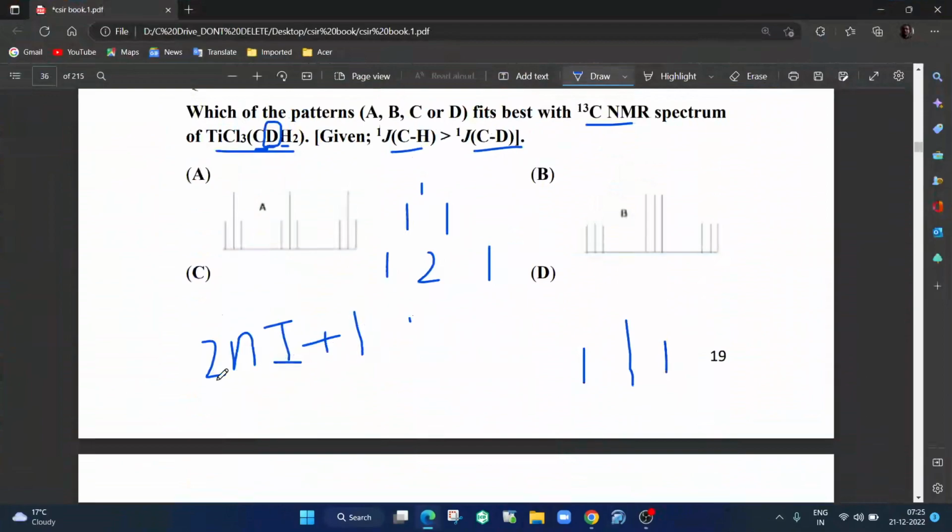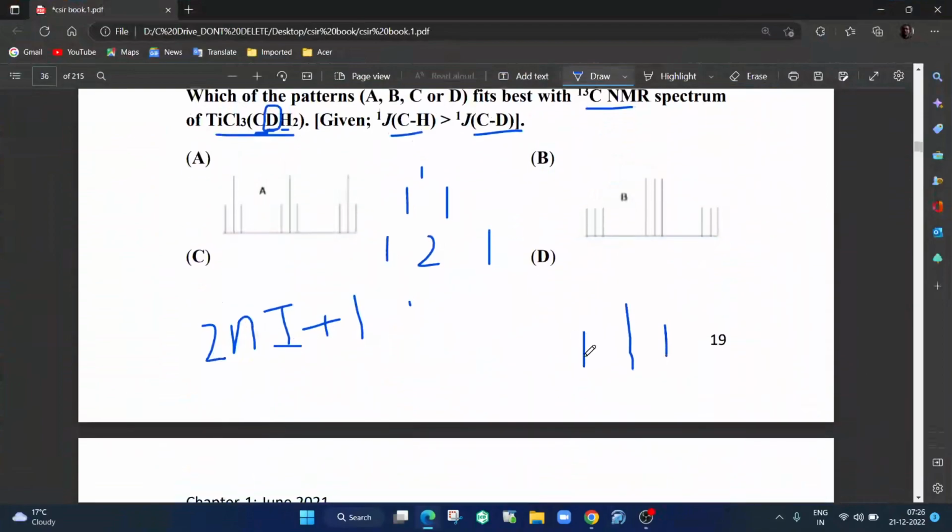So for hydrogen it became 2 into n, n is the number of hydrogens, that was 2. 2 into 2 is 4, into half, it becomes 2. 2 plus 1, 3. That's why the triplet came. But now deuterium has I equal to 1, and the number of deuterium is 1. So 2 into 1 into 1 is 2, plus 1, it is 3. Now it will again split into a triplet. So the answer is a triplet of triplets.